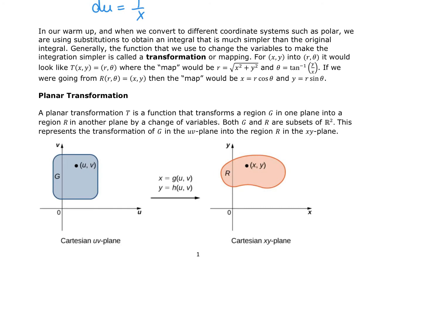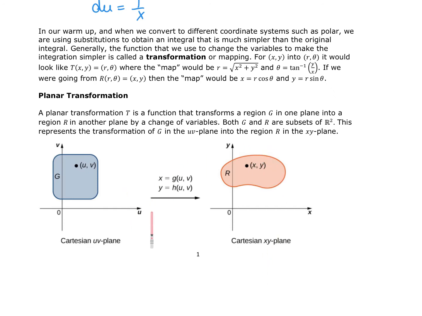A planar transformation T is a function that transforms one region in the plane into a different region in another plane by a change of variables. Now R and G are both subsets of R2. So we're going to start with a Cartesian uv-plane, and I'm still going to be left with a Cartesian plane, now an xy-plane.